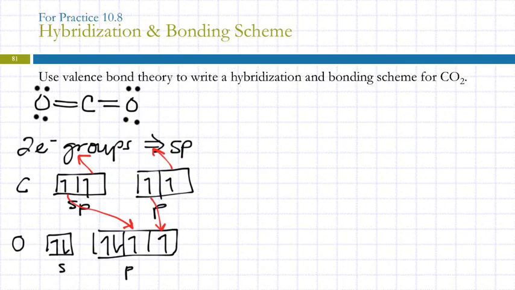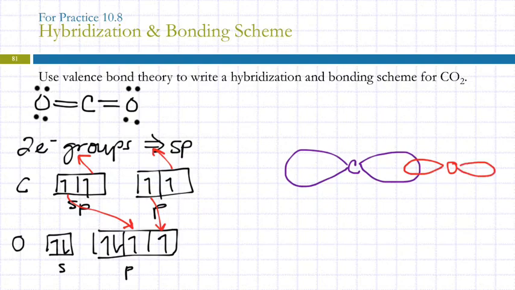So we've got carbon in the middle. SP hybridization, it's 2 groups, like 2 balloons. So draw a picture of 2 balloons tied together at the carbon. Oxygen has p orbitals. So here's oxygen, and we'll line up 1 p orbital with the bond from carbon, and we'll put the other one up here.